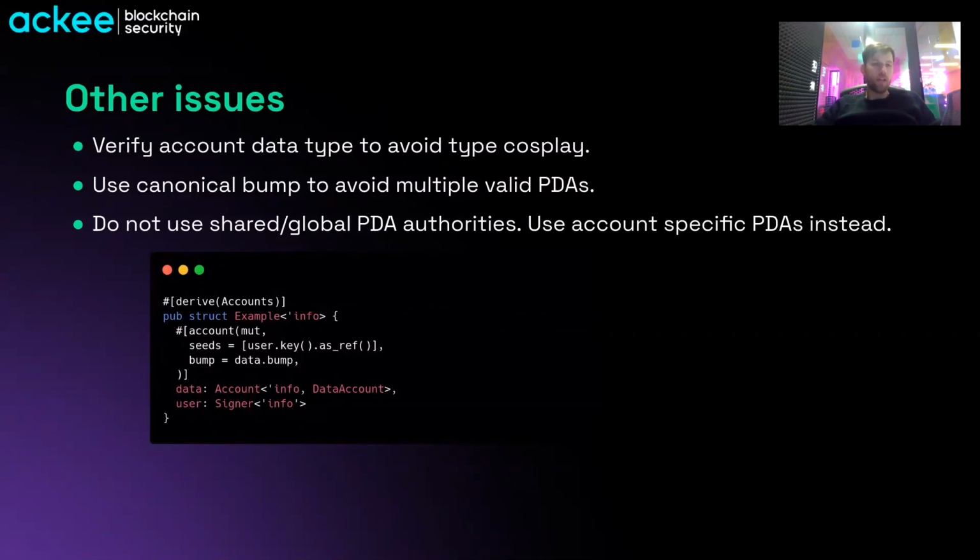The first of them is that you should verify the account data type to avoid so-called type cosplay. It means that an attacker could supply data with a different data type, and then your program would deserialize it with the given data type that does not correspond.